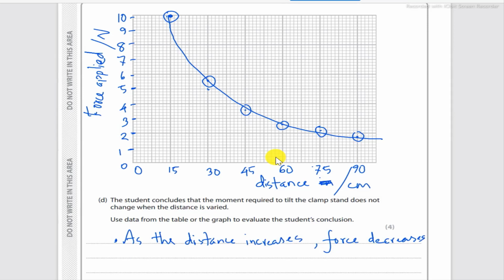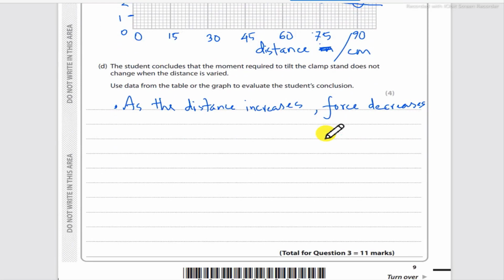Number 2, why? Because moment equals force times perpendicular distance. So as the distance increases, force decreases, because the moment equals force times distance.